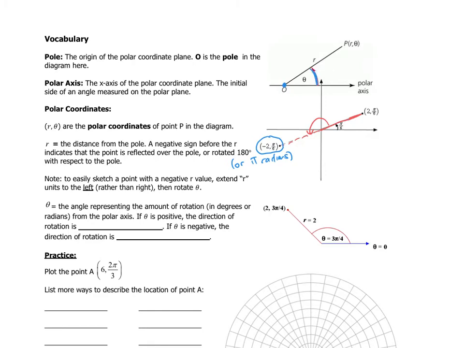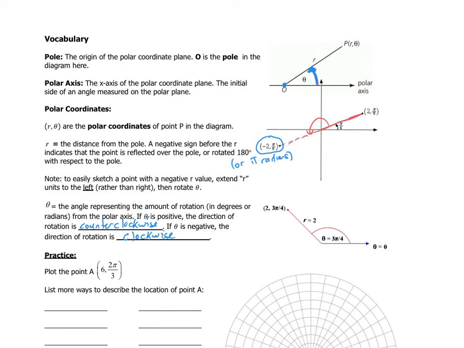And then θ is the amount of rotation. Back to this first point P, θ is the amount of rotation from the polar axis. Positive rotations are like we've been doing all year. If θ is positive, the direction of rotation is counterclockwise, and if θ is negative, the direction of rotation is clockwise, which is consistent with what we did with vectors and unit circle angles.